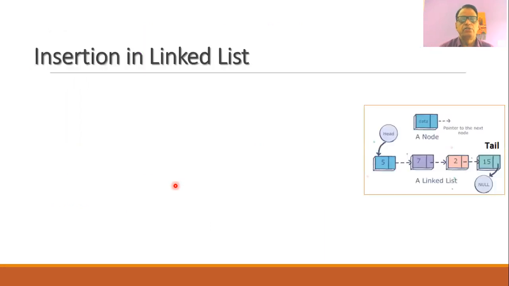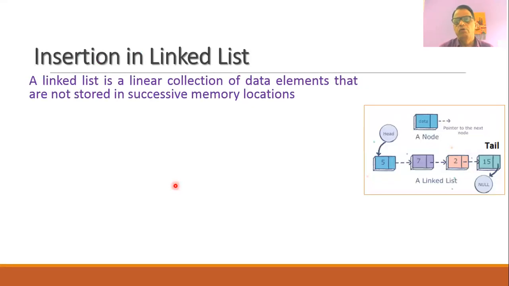So let us start the session with the question: what do we mean by insertion in the linked list? Now we know that a linked list is a linear collection of data elements, and these data elements are not necessarily stored in successive memory locations. That is, they may be stored in different parts of the memory.